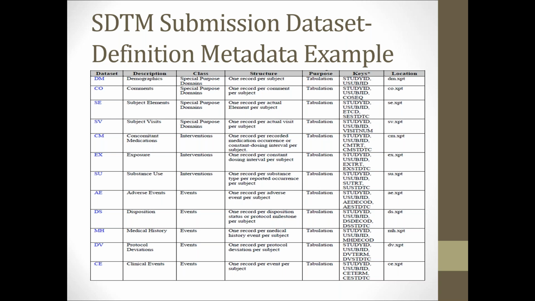DS STDTC is disposition start date time, but DS decode is disposition dictionary derived code. DV term is the protocol deviation term, and DV STDTC is the deviation start date time. CE term is the clinical events term, and CE STDTC is the start date time. These are all the important variables.